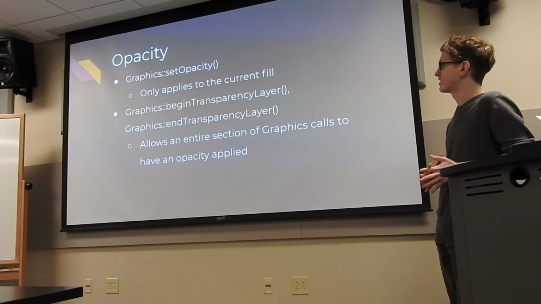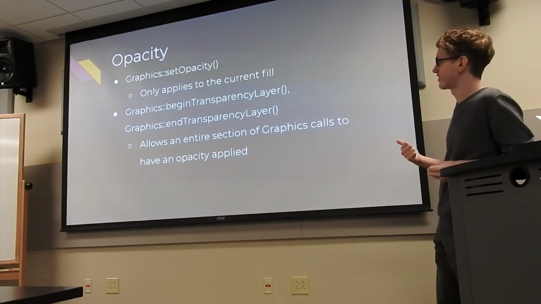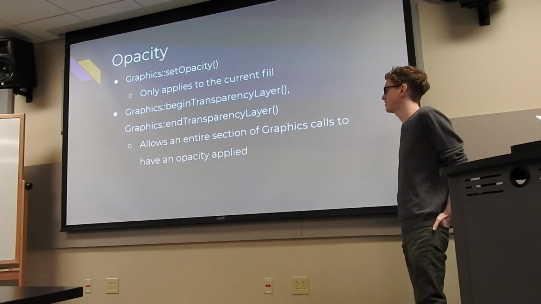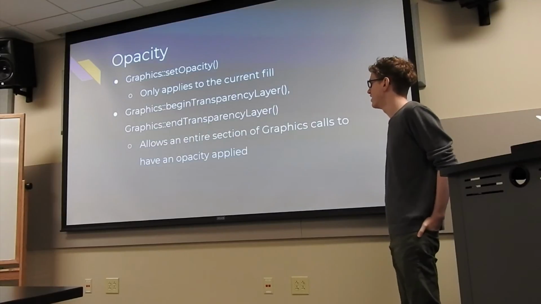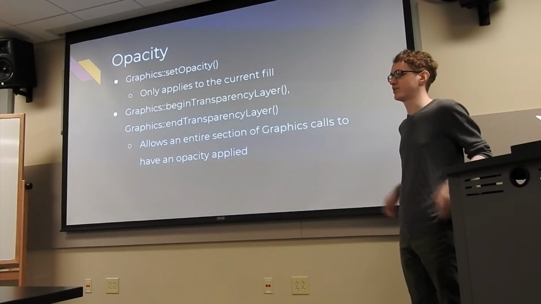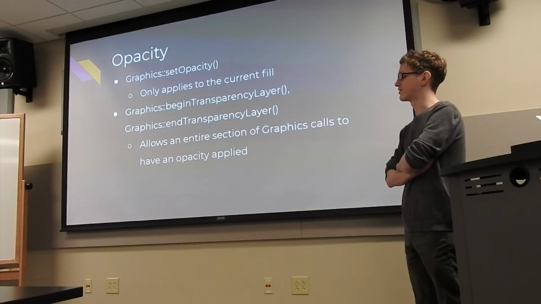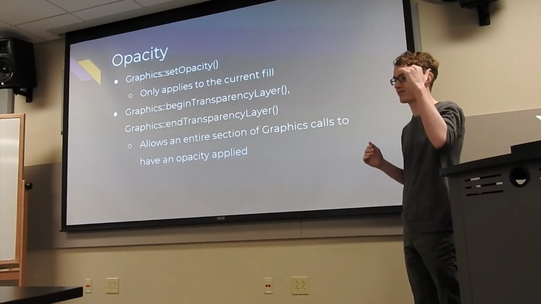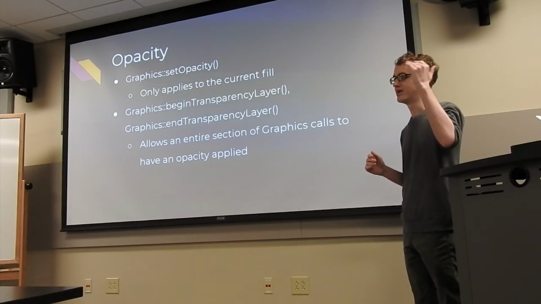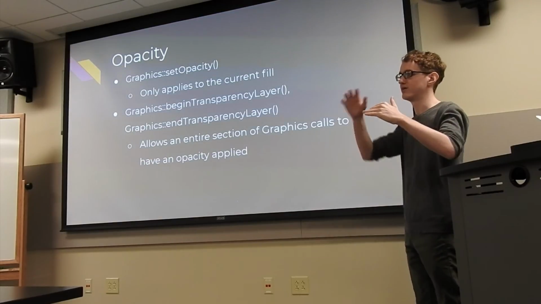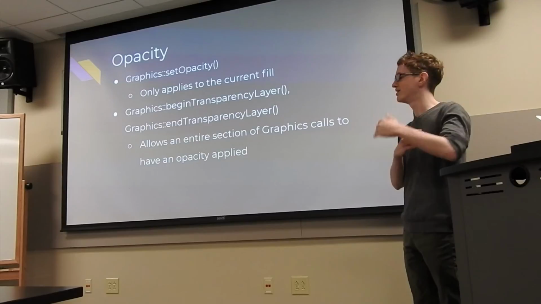The more useful thing is, and JUCE uses this, as I mentioned before, begin transparency layer and end transparency layer. And JUCE uses this for a lot of its built-in components like sliders and stuff when the component is disabled. So it will actually just say, if we're not enabled, it'll begin some transparency layer, then draw everything, and then end it.